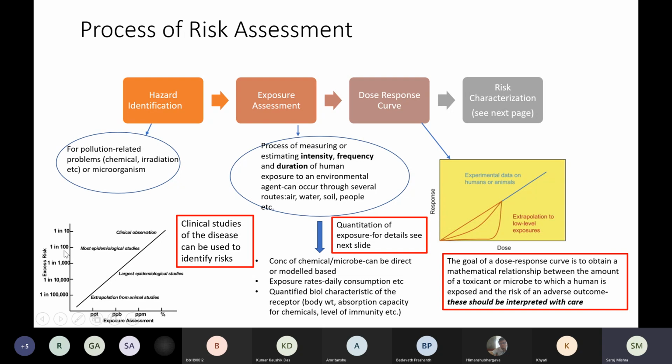Now, on the y-axis, if the risk is about 1 in 10, then clinical observations need to be carried out. If you don't understand, please interrupt me. So if the frequency of occurrence of that particular disease is very high, then you can do it under clinical settings.